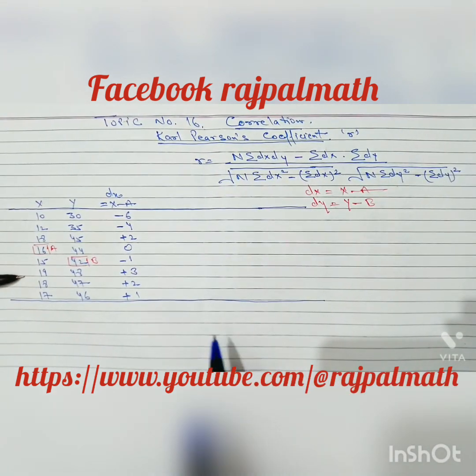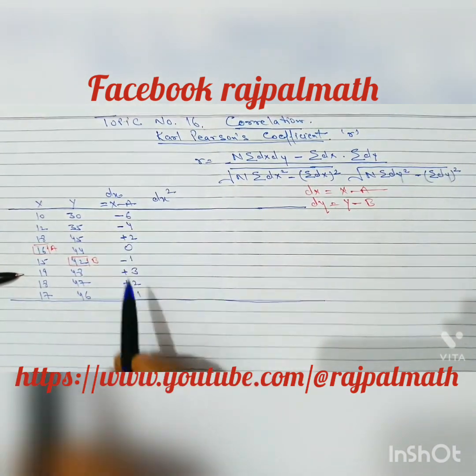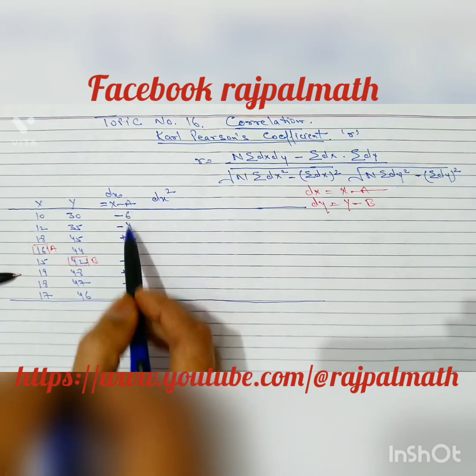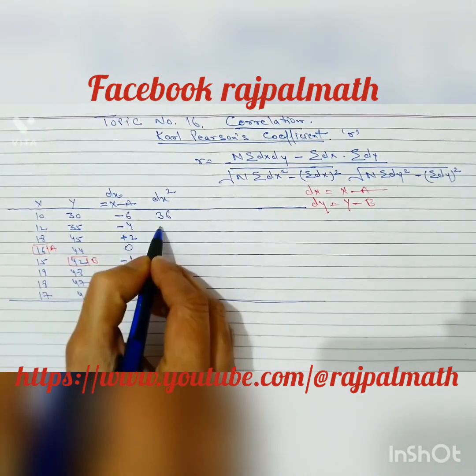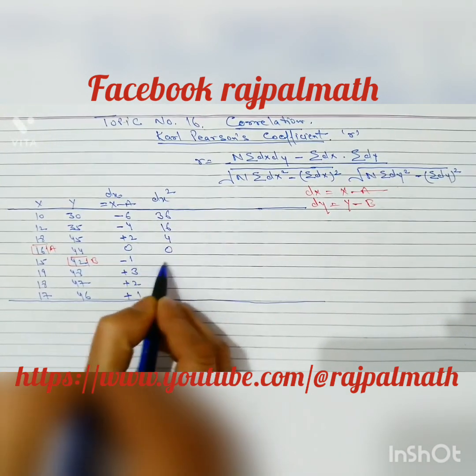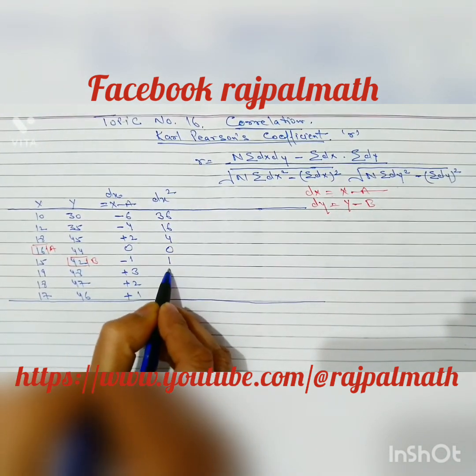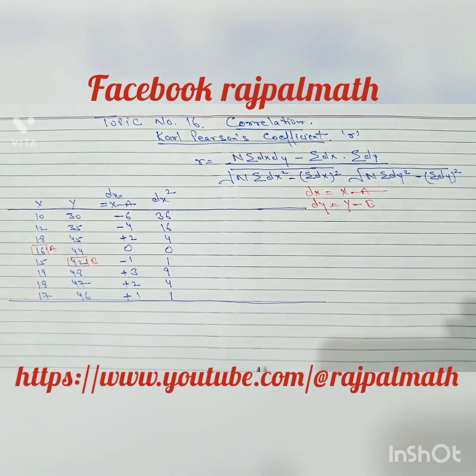Then calculate dx square, squaring these numbers: 36, 16, 4, 0, 1, 9, 4 and 1.